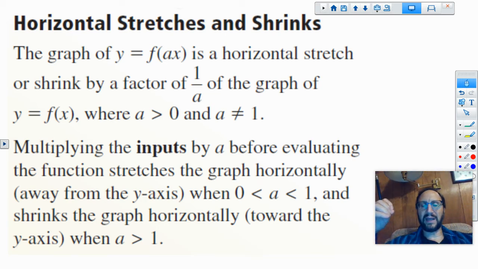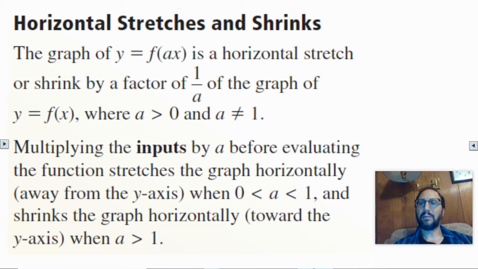That's the ax part. And it shrinks it when a is greater than 1. So like when we had 2x or 4x, that shrunk it this way towards the y-axis. So it was at 4, and then it was squeezed that way to the right. We'll see this better when we try some problems.